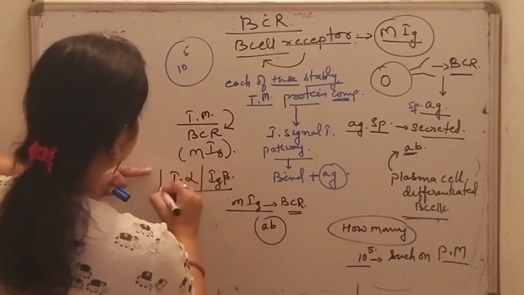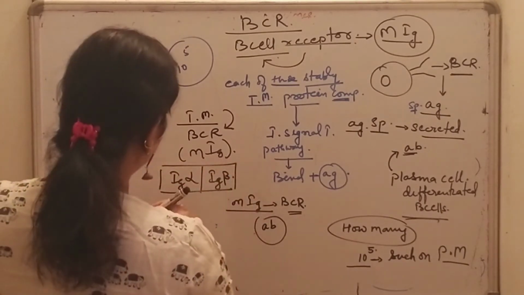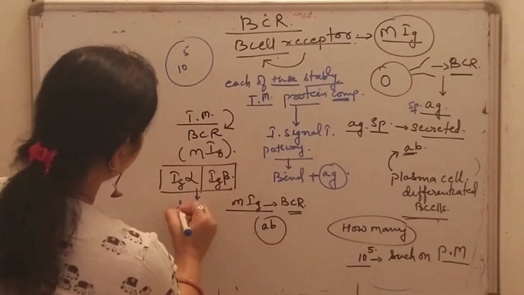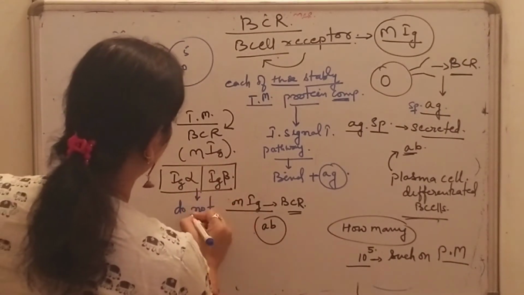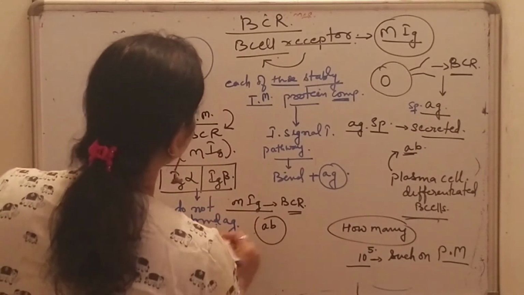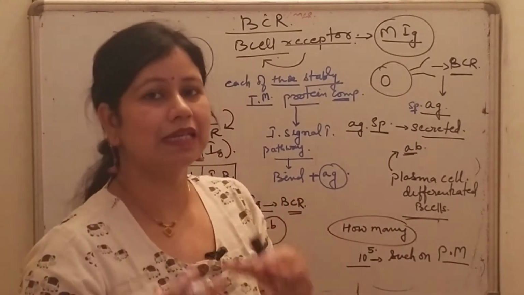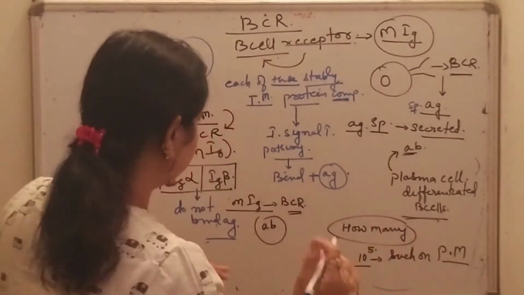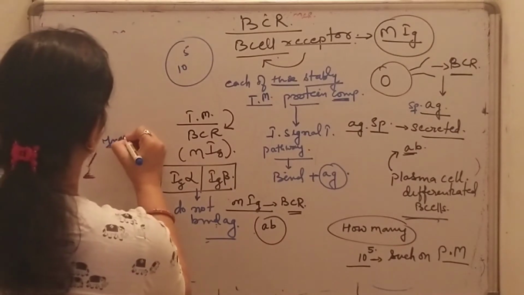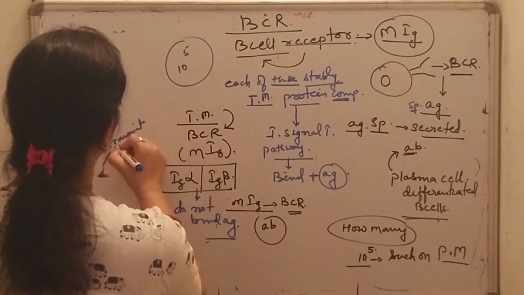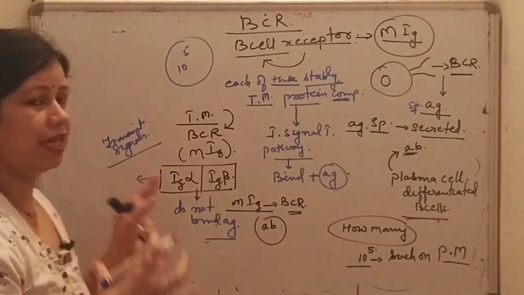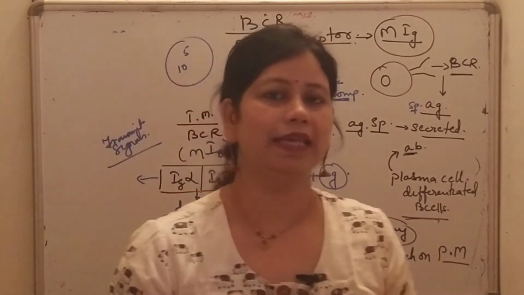These transmembrane protein complexes do not bind to the antigen. Then what do they do? They transmit signals to the cell nucleus to change the pattern of gene expression.